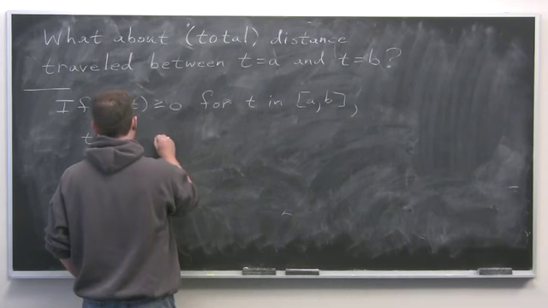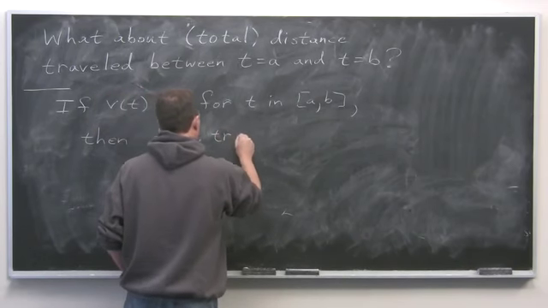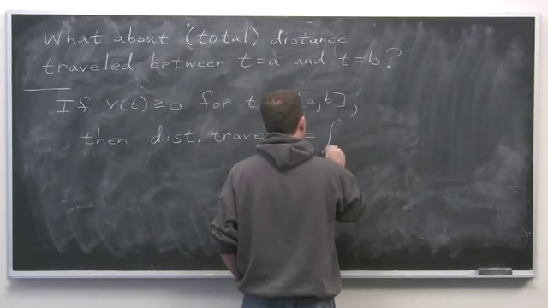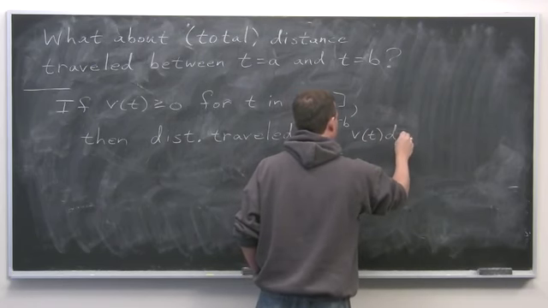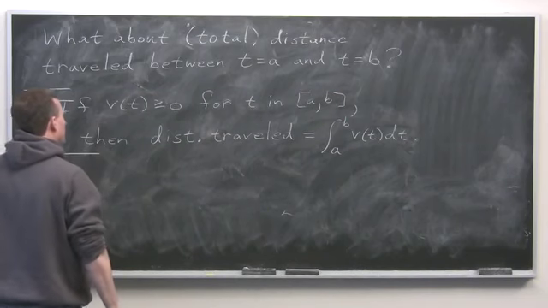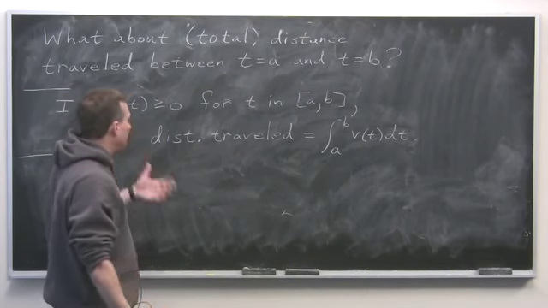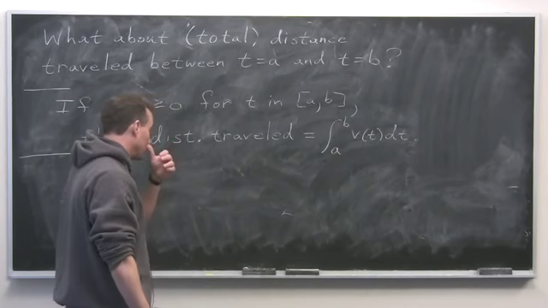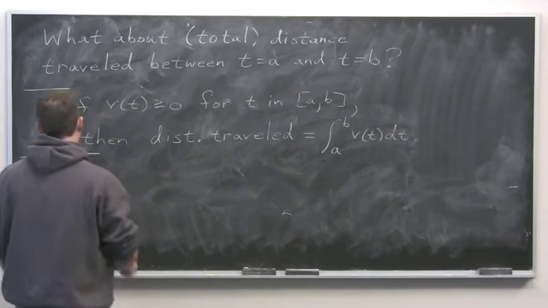Then the distance traveled equals the displacement, so it's just the integral of the velocity. All this says is if you head in the positive direction and you never turn around, so that your velocity never comes back and is in the negative direction, then yes, the displacement and the distance traveled are the same.